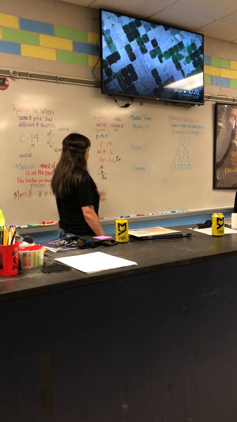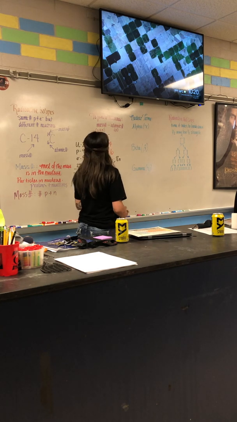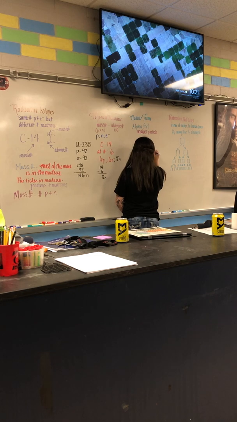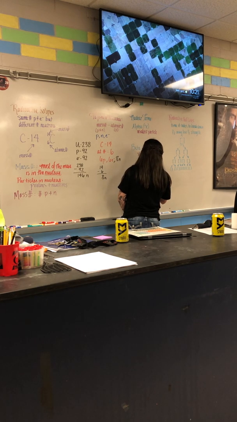A couple other things. Nuclear terms. You've got alpha, beta, gamma. Alpha is your weakest nuclear particle. Beta is a stronger particle. And then gamma is the strongest, and it's a wave.